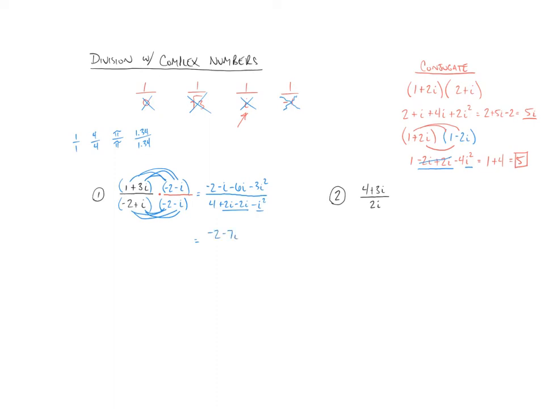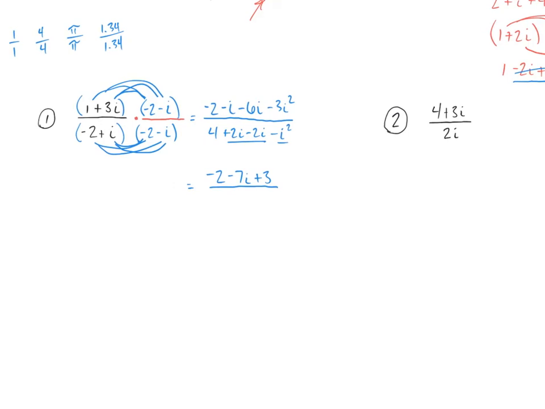I now have a negative 7i, and I've got a plus 3, because remember that i squared became a negative 1. And in my denominator, I've got 4 plus 1, because that i squared is a negative 1. And that leaves me with 1 minus 7i over 5. And that is a fraction that is equivalent to this fraction, but does not have an imaginary number in its denominator. So we're going to be using that skill whenever you are dividing complex numbers.